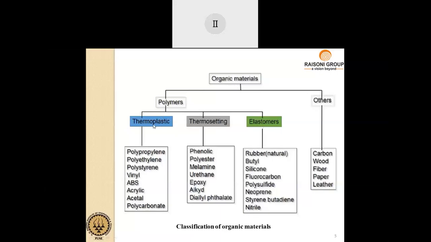Polymers can be classified as thermoplastic, thermosetting, and elastomers, and these are a few examples of those categories. Other organic materials include carbon, wood, different types of fiber, and leather.